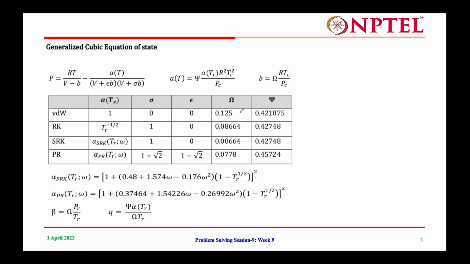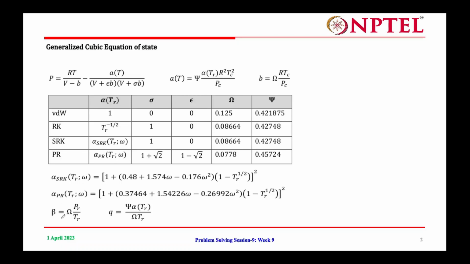To calculate these, the alpha is given for the Soave-Redlich-Kwong equation, this equation, and this is for the Peng-Robinson equation.